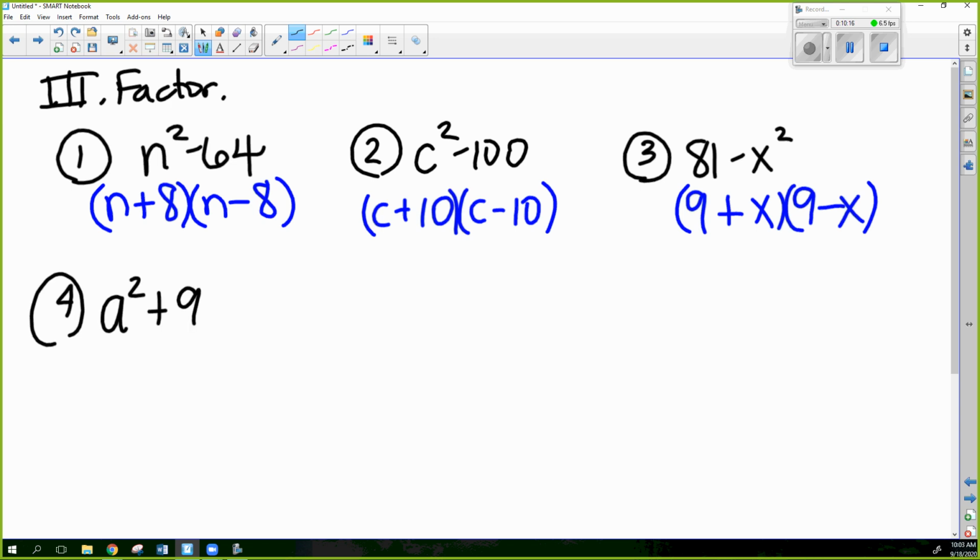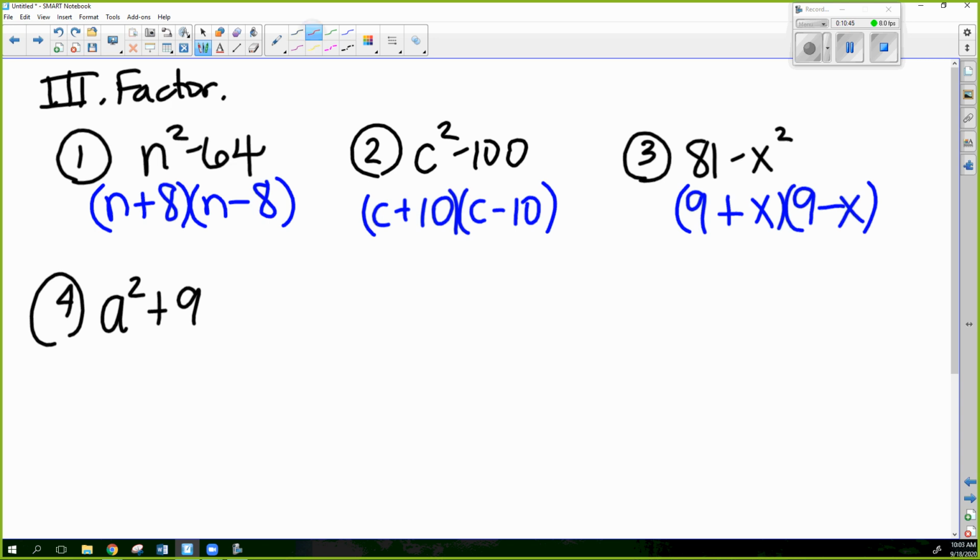All right, look at this next one. What's different about it? Anybody notice anything different about it?